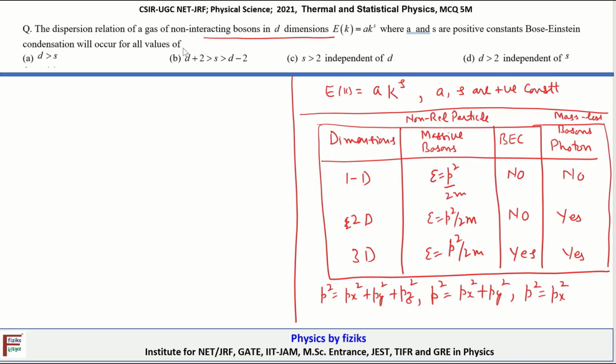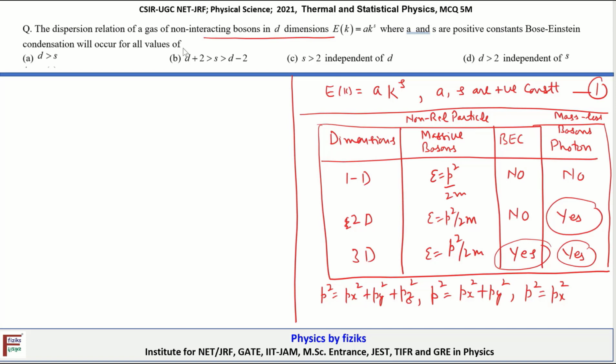Okay, so in order to justify the present question, we have to discuss these 3 cases here. Based upon the outcome of these 3 cases, we will decide the appropriate relationship out of these given 4 relationships. The dispersion relationship I have already written here, so let me call this result equation 1.